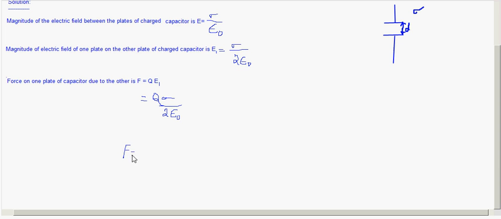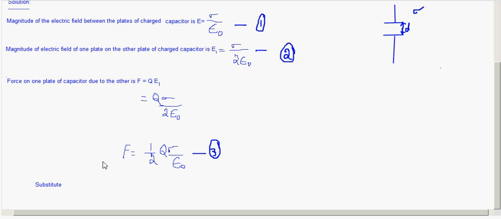F is half into Q into sigma divided by epsilon naught, and we know sigma by epsilon naught is E. Let me take this equation as 1, this equation as 2, and this equation as 3.